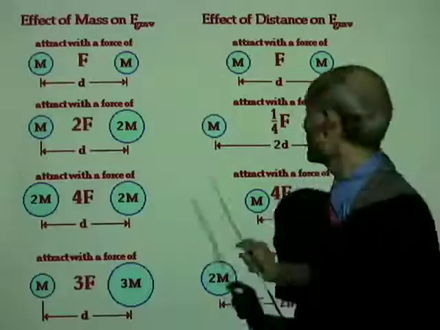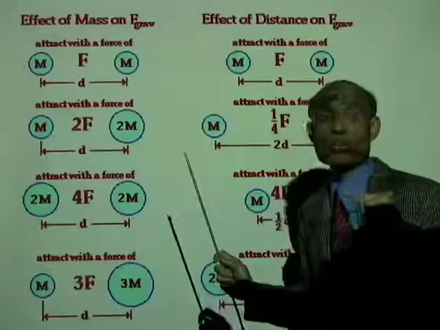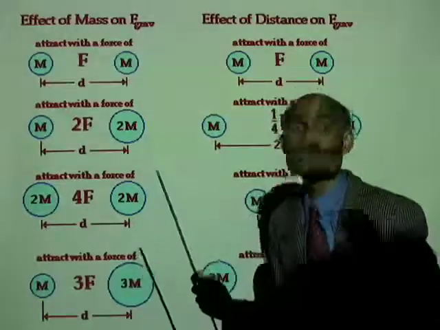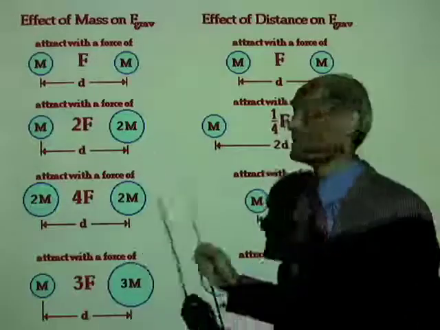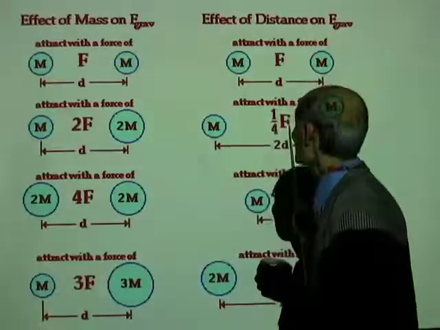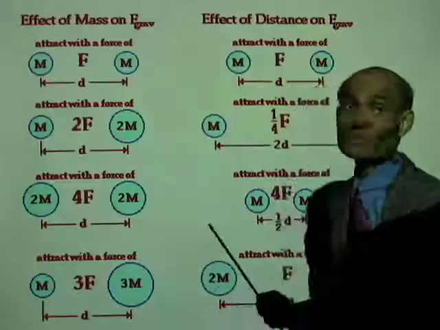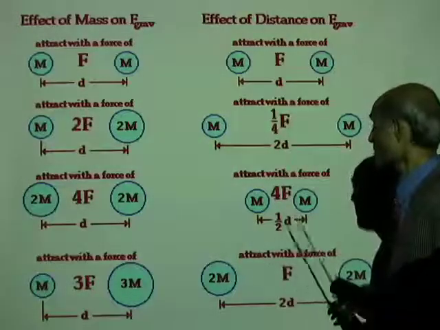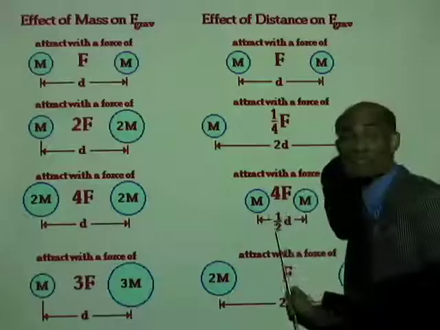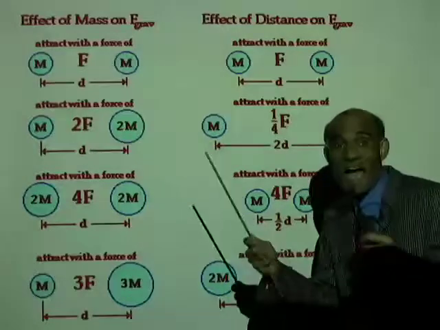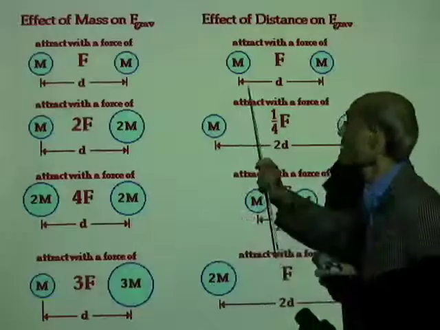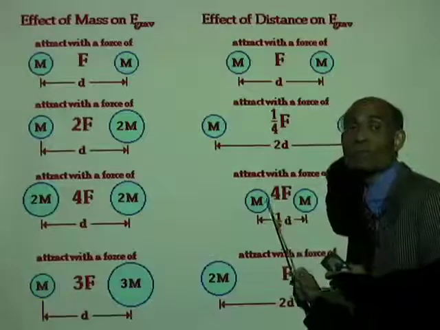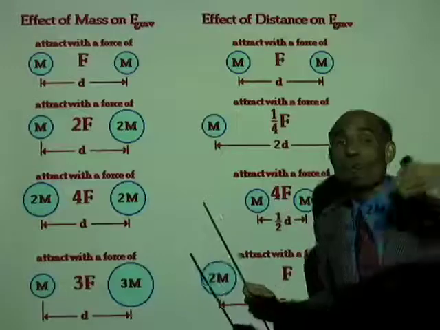That means when the distance is doubled, the force will become 1/4 of the original force. So the new force now is 1/4 of the original force. On the other hand, if the distance is halved, from d to half d, what will happen? The force will become 4F.